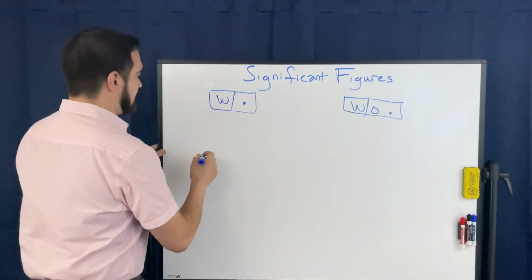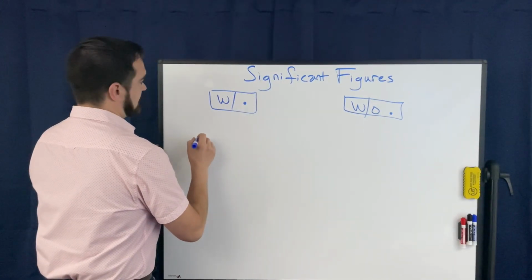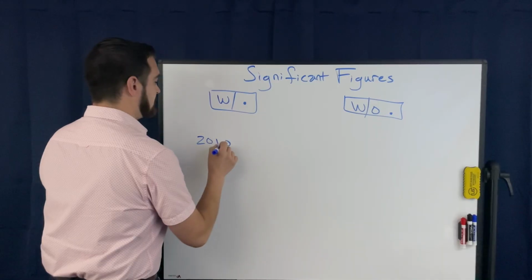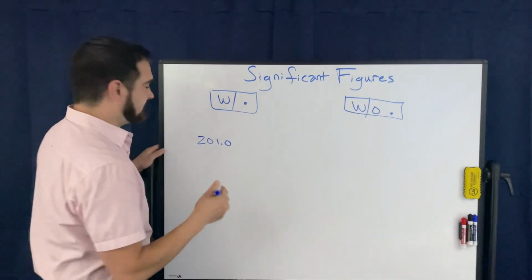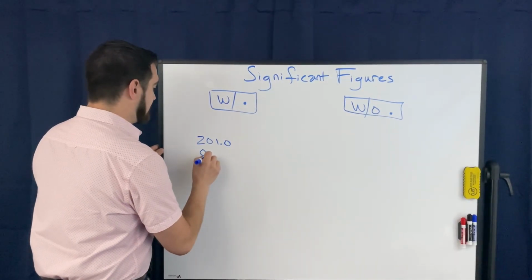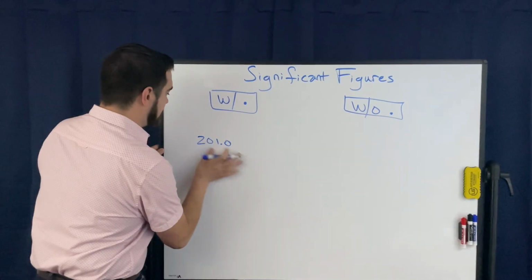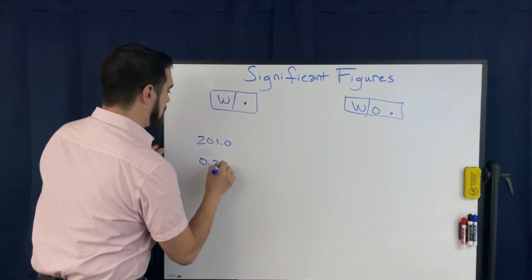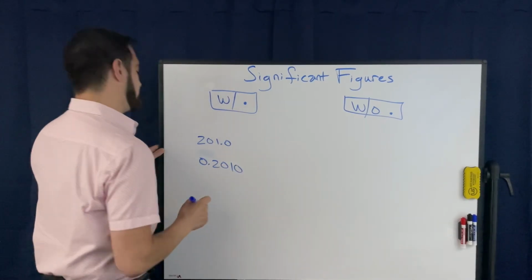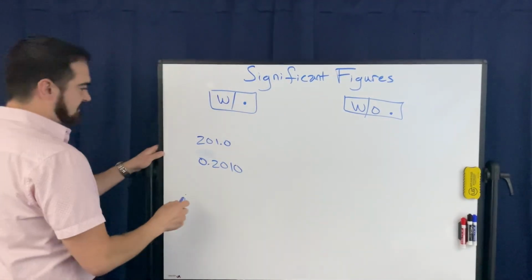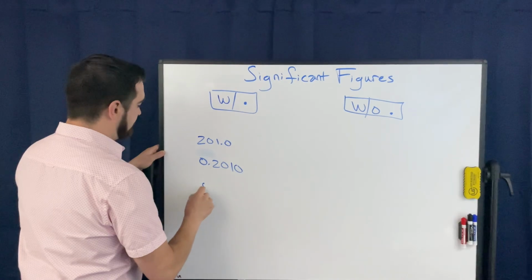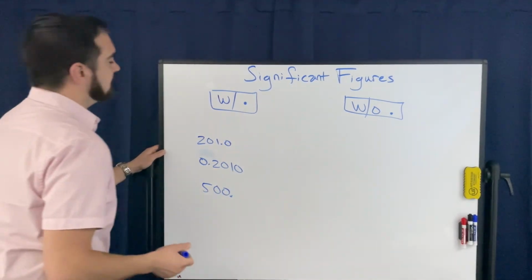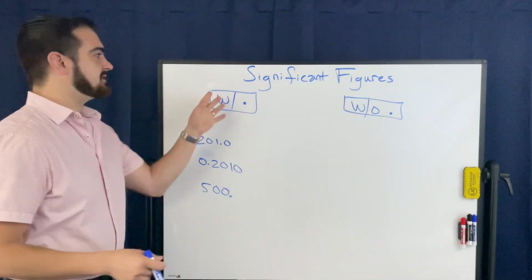Let's do 201.0. And then let's just use those same digits. Let's do 0.2010. And let's do something like 500 point, okay? So those will be our three examples for numbers with decimal points.